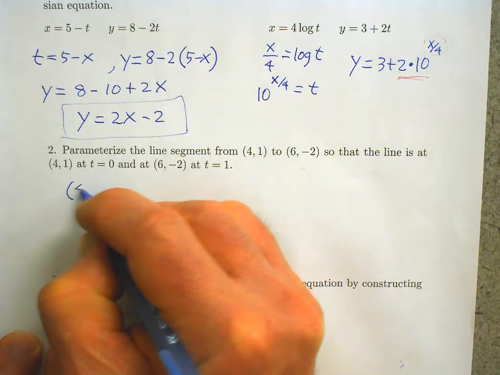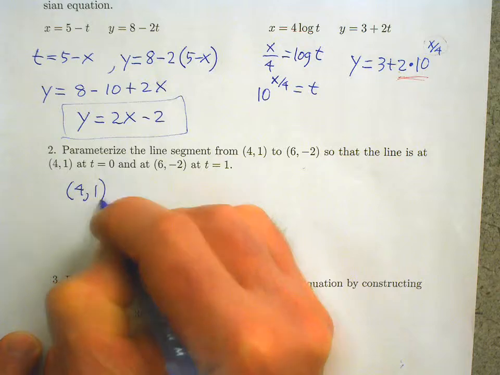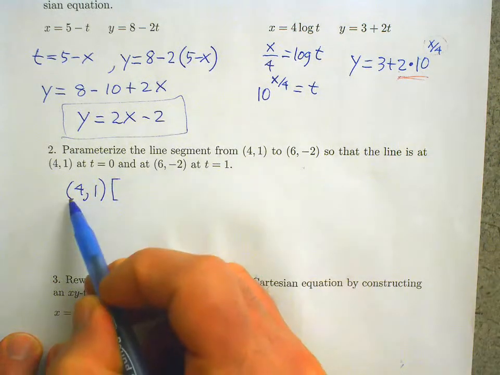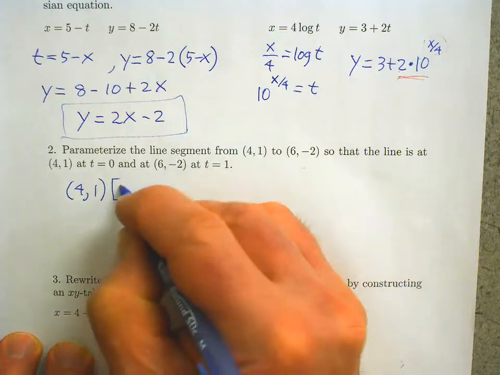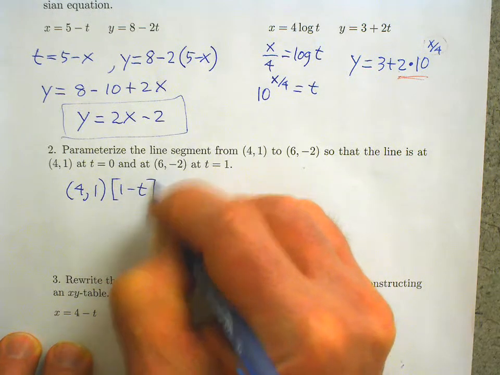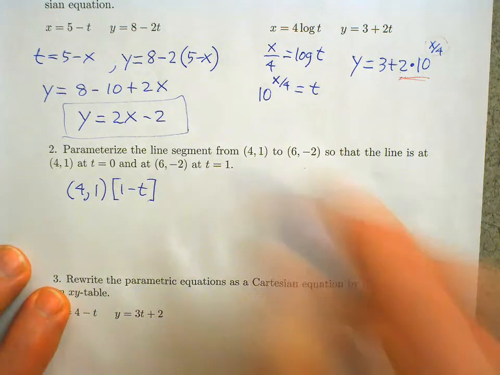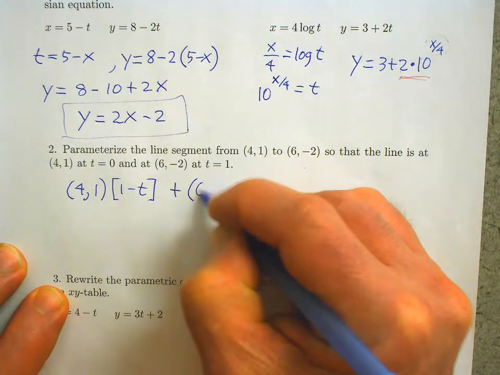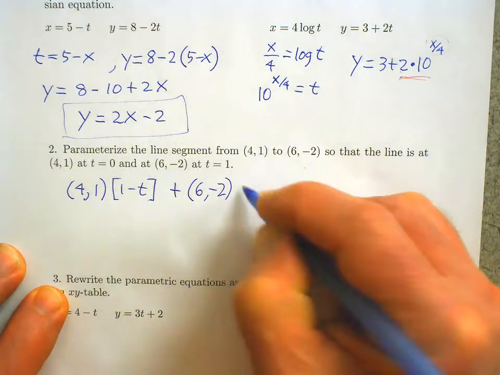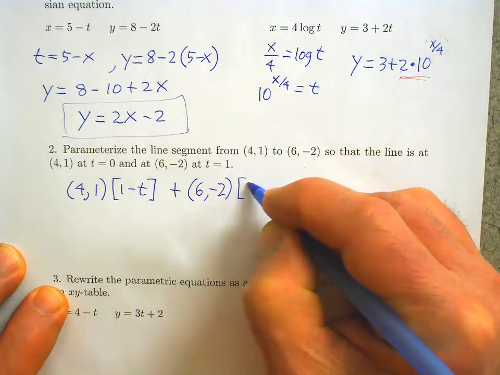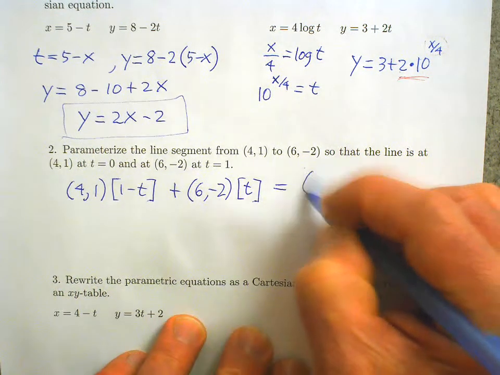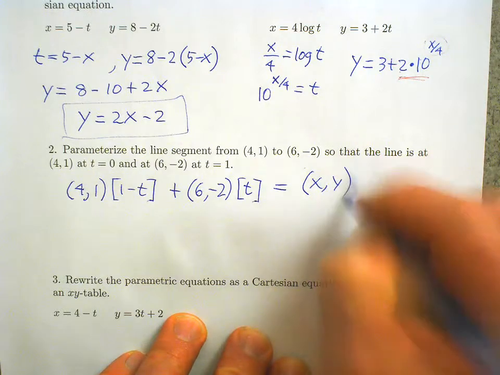Okay, so the ordered pair 4, 1, we're going to multiply each of the coordinates by 1 minus t, and then we'll add that to the other ordered pair 6, -2 multiplied by the parameter t. So this is our x, y coordinates.